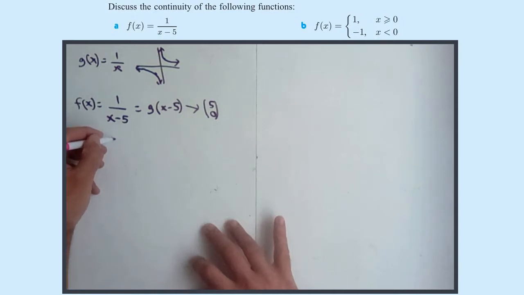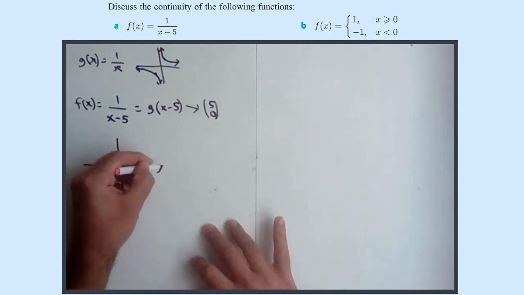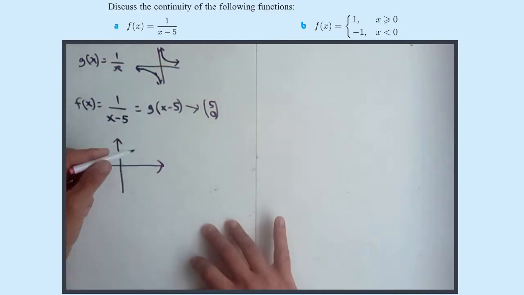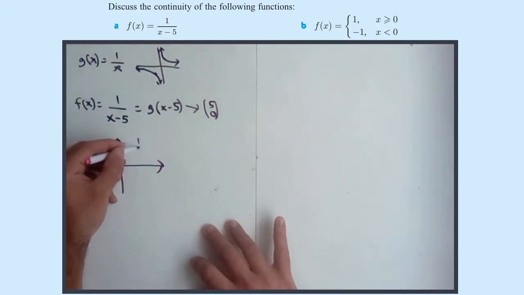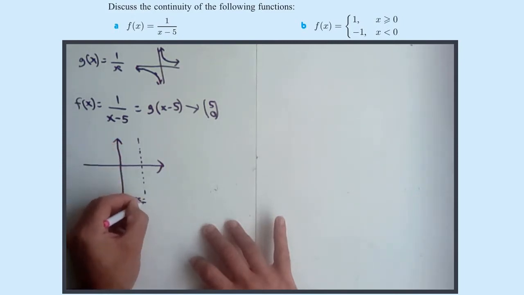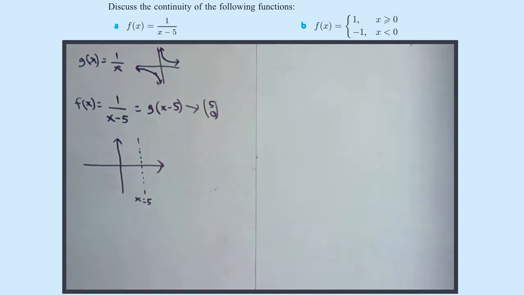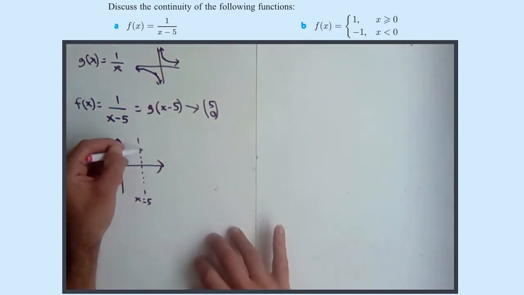So f of x is going to have its vertical asymptote, rather than being at x equals 0, at x equals 5. So if we draw the asymptote first, it should be easy. That's x equals 5. And then everything else is going to be the same. So it's still going to go up to this asymptote here.